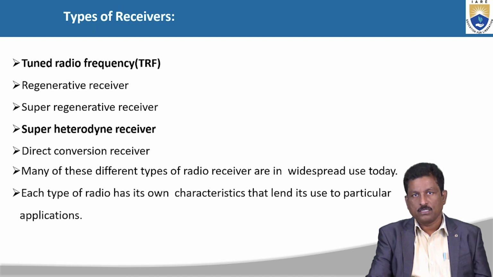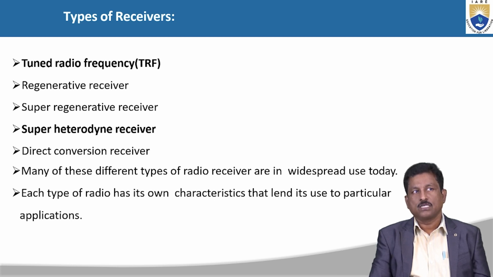Then you know the basic elements and the types of receivers. Already you have discussed in the first slide the TRF receiver, tuned radio frequency. According to the transmitted signal, the receiver can be tuned by the use of ganged tuning capacitors, allowing only the transmitted or wanted signal.